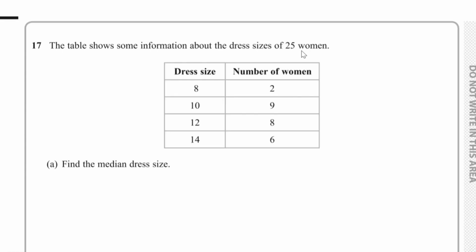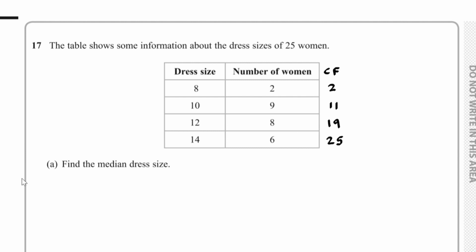Question number 17. The table shows information about the dress sizes of 25 women, and what we have to do for part A is find the median dress size. Well, what we need to find first of all is the cumulative frequency. We start off with 2, 2 plus 9 is 11, plus 8 is 19, plus 6 is 25.